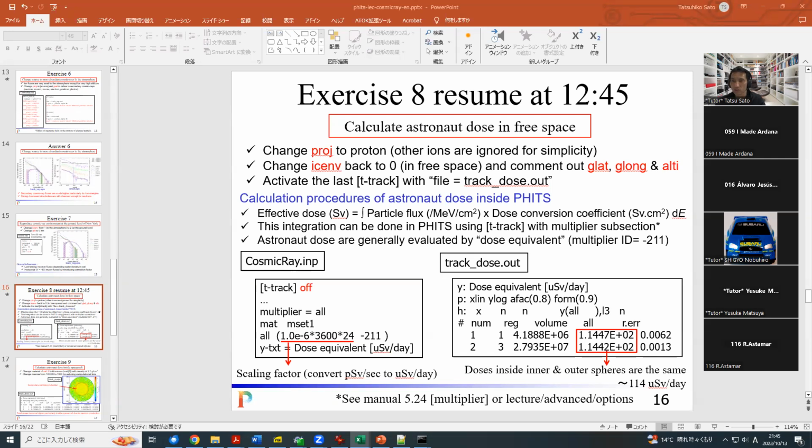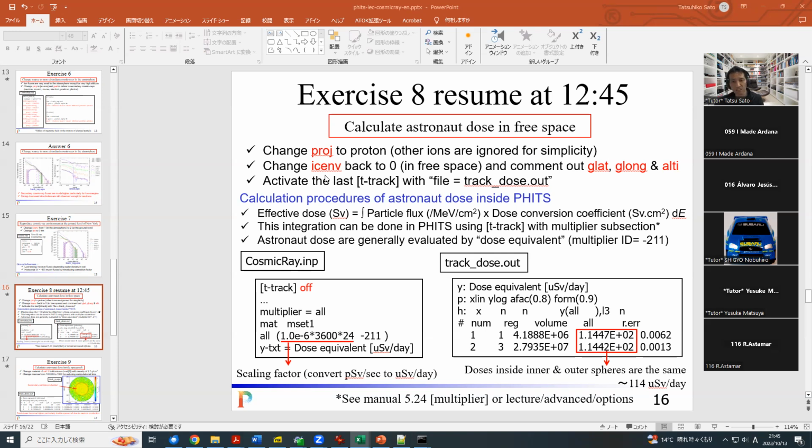Okay, so let's resume the course. Next, let's calculate the astronaut's dose in free space. First, change the project to protons, and other ions are ignored for simplicity.